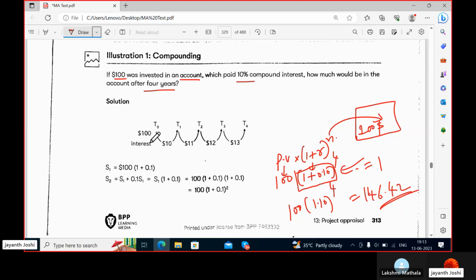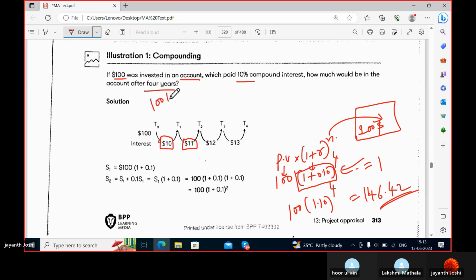On this 100 you're going to get interest of $10 in the first year, $11 in the second year. Why? Because 100 plus 10 will be 110. So if you add interest and principal, you'll get the amount. The amount is 110.